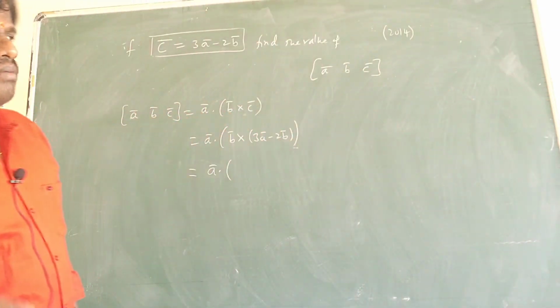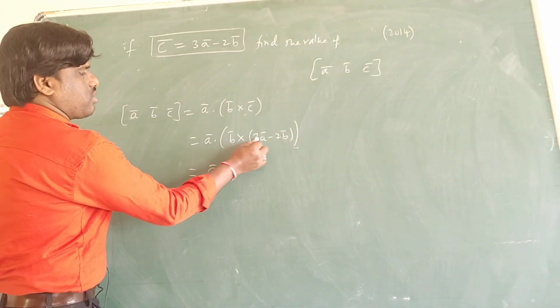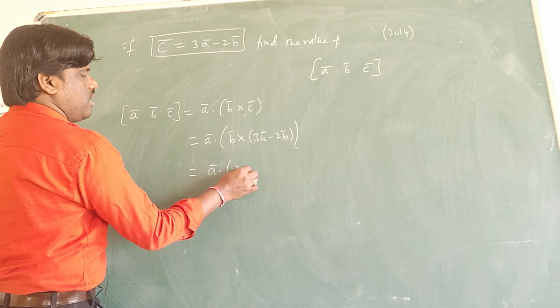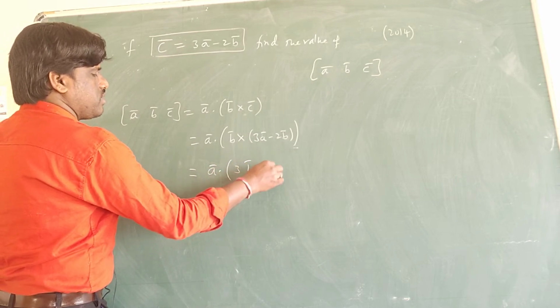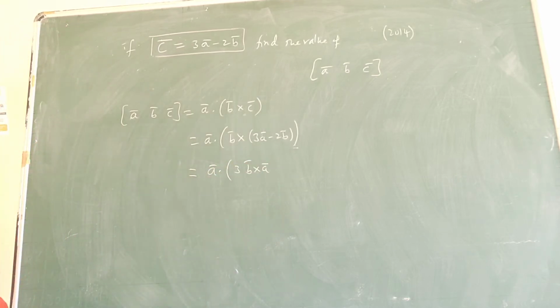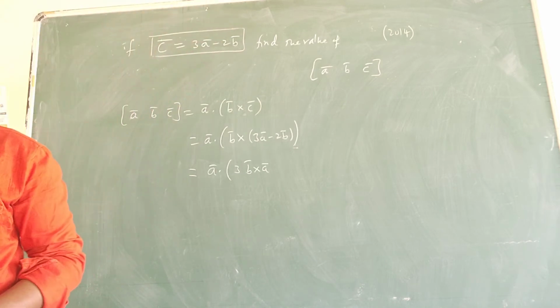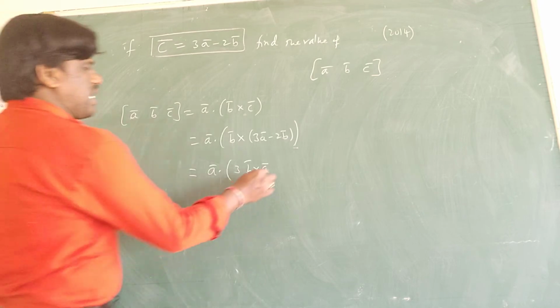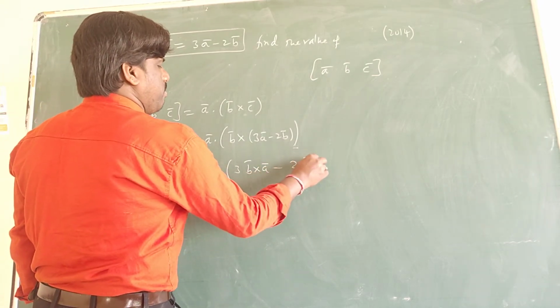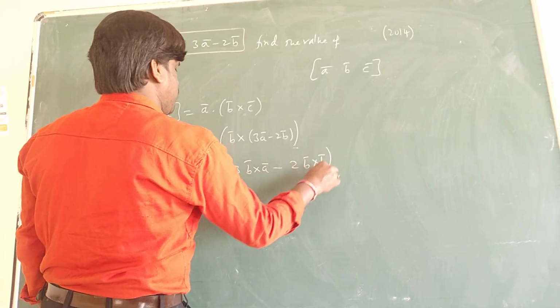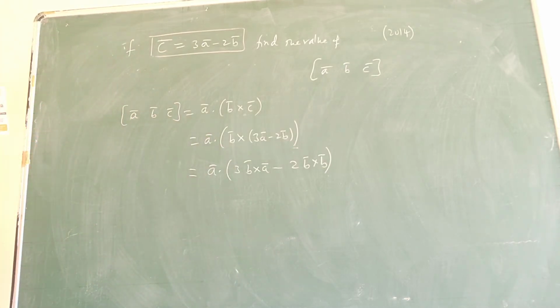I explained already, but I am explaining again. B cross 3A, so 3 into B cross A, 3B cross A, minus 2 into B cross B. I already explained, what is B cross B? It is 0.